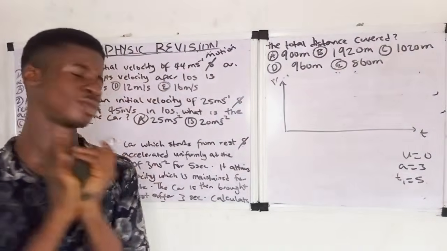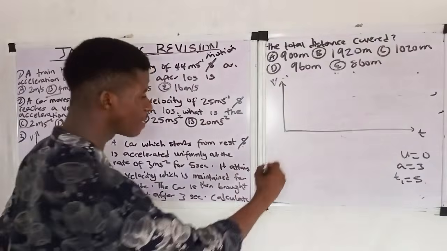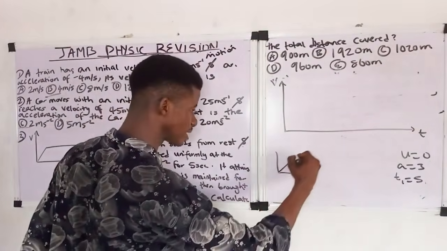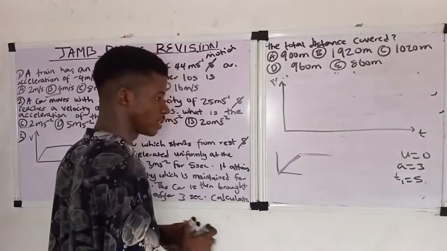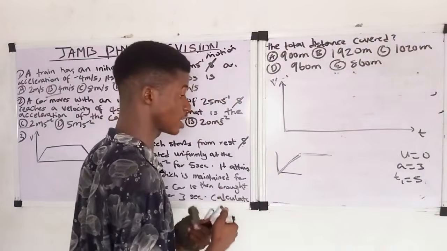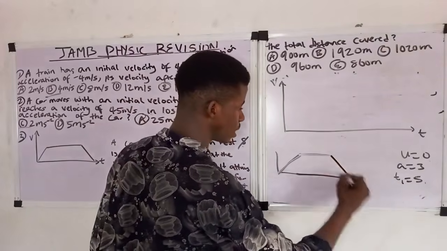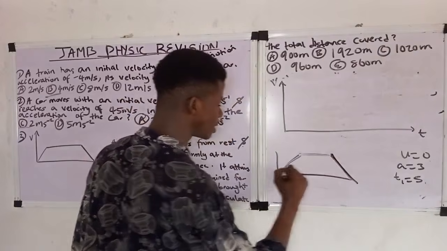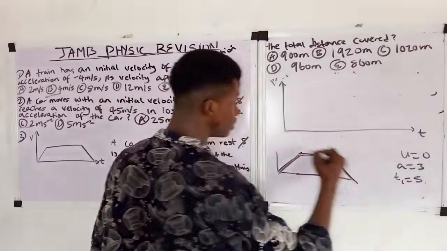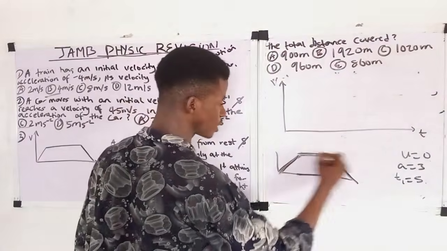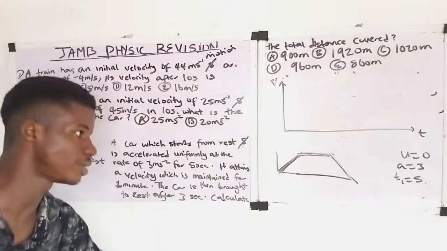Now if you look at this very well, this is a velocity time graph. Remember, previously I told you that this line stands for acceleration, this line stands for constant or uniform velocity, and this line stands for deceleration or retardation, when the object is coming to rest.